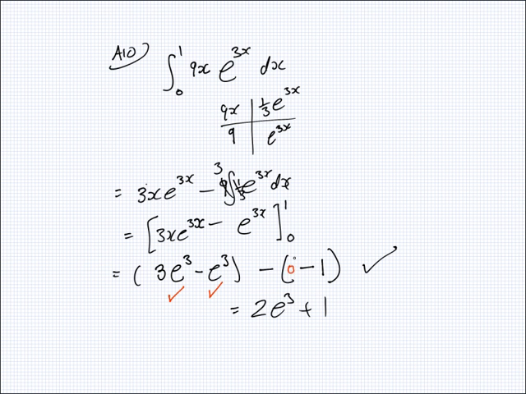I didn't write it because it's zero, nothing. And if I put 0 in here, it's minus e0, which is minus 1. And minus makes plus, and 3 minus 1 makes 2. So what's the problem? Nothing's the problem.